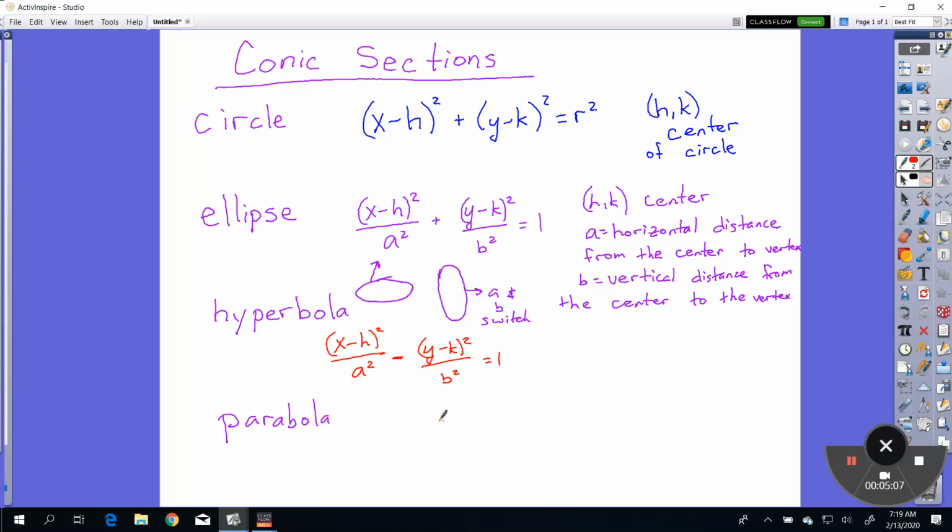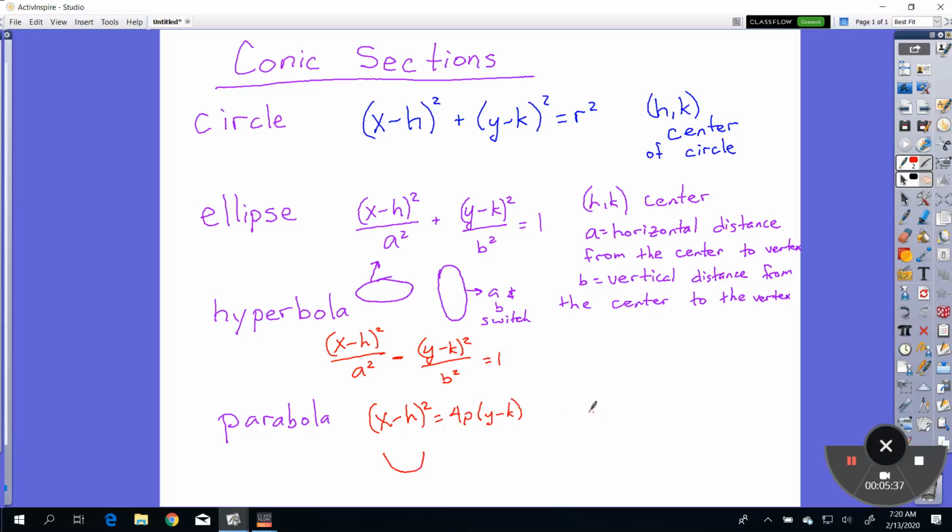And then the parabola, it's different on this one than what we have been talking about. Like the idea is the same, but we'll learn a different way to write it. So it's x minus h squared equals 4p times y minus k. And that's for a parabola that opens upwards.